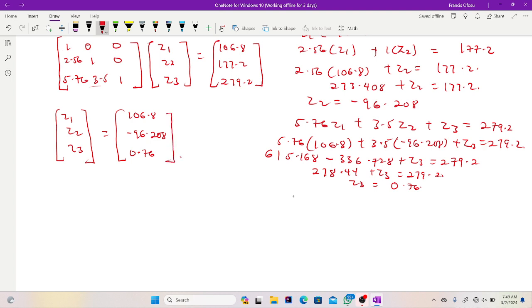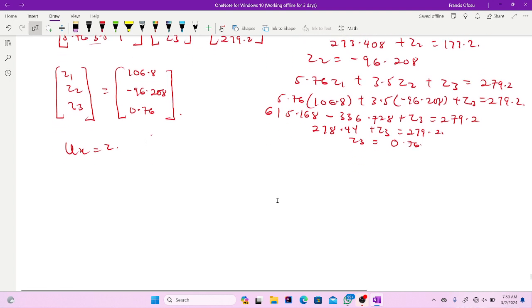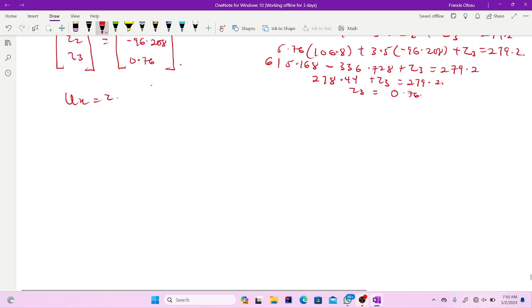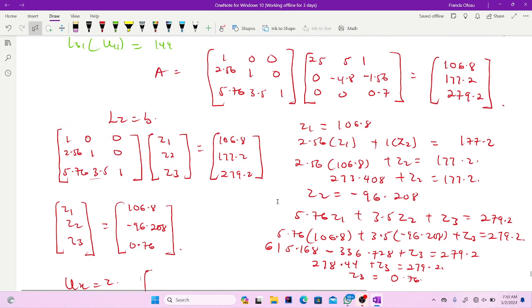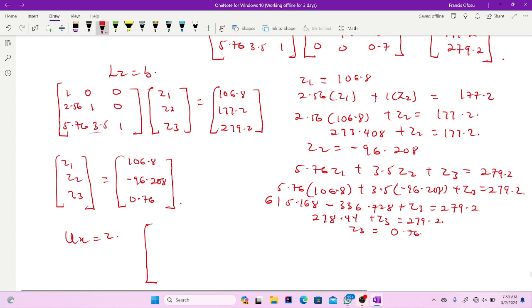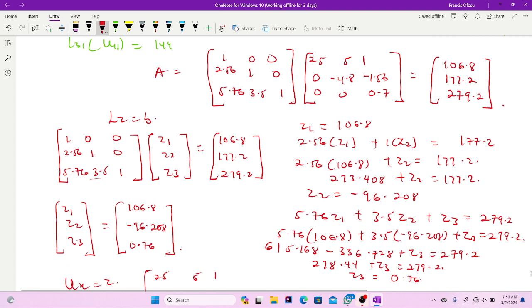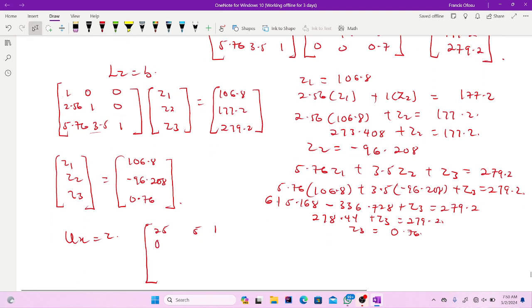Yeah. So once I get this, the last equation was Ux is equal to Z, right? So this way we are going to get the actual x. So expanding this, I'm going to have my U part of the equation multiplying x, right? So what's the U part of the equation? So from here, I'm going to have 25, 5, 1. Then I'll have 0, negative 4.8, negative 1.56.